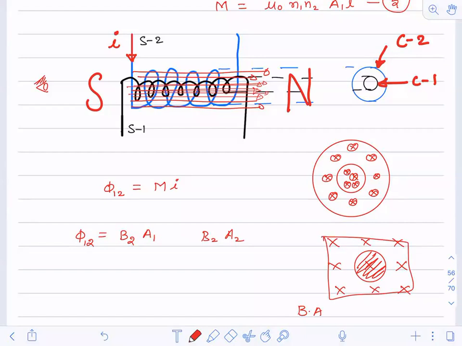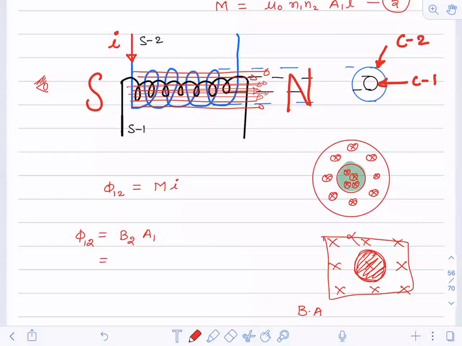You had calculated only this area. You didn't do it for this area, so you will not use this complete area. Instead, you will use only this area over here. So this is wrong. So flux will be B2 into A1.